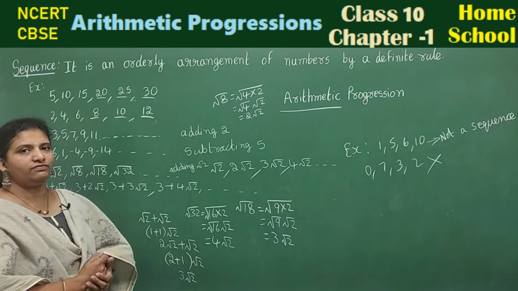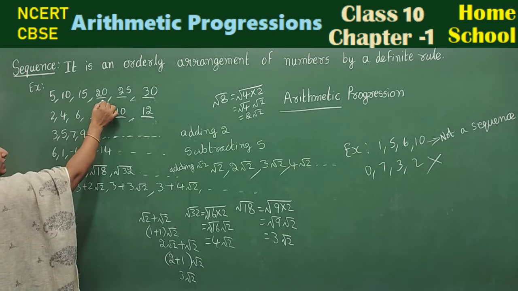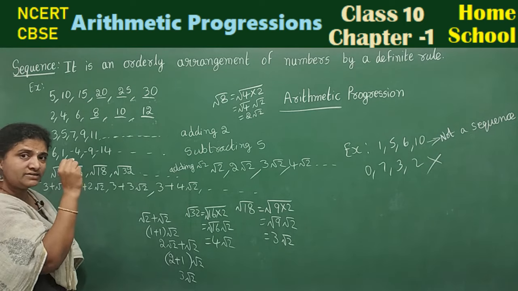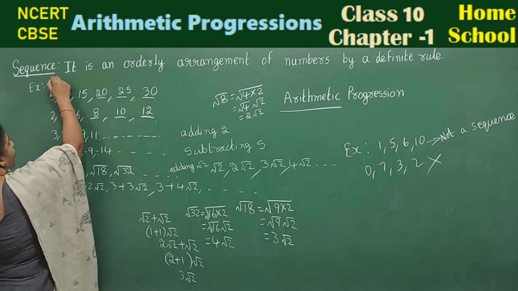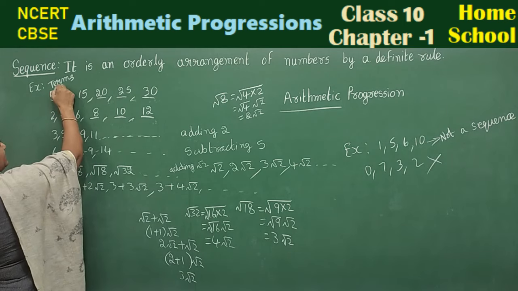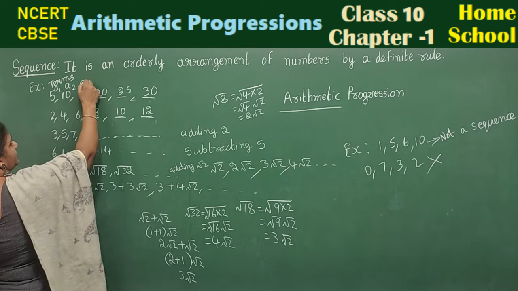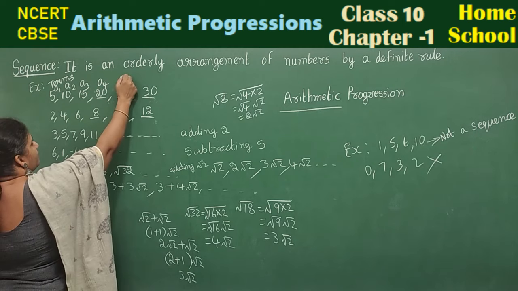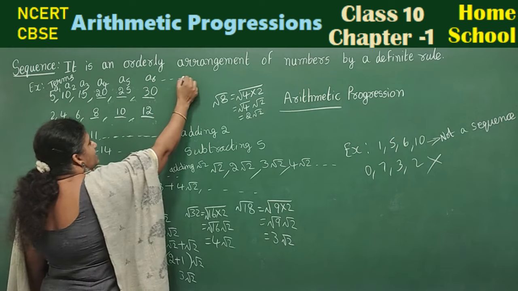Now, the next point we are going to learn is, say here, 5, 10, 15, 20, 25, 30. We are saying that the numbers are arranged in a sequence, and these numbers we call terms. We call them A1, first term; second term, A2; third term, A3; fourth term, A4; fifth term, A5; sixth term, A6, and so on.